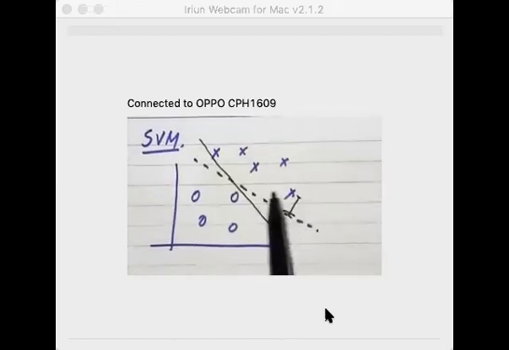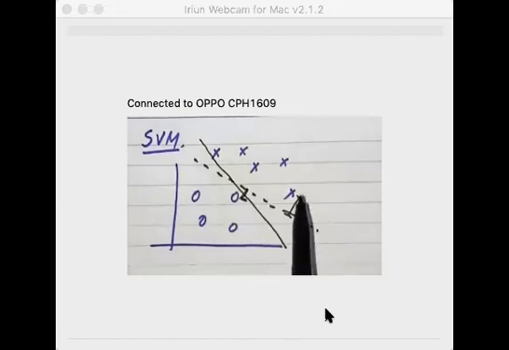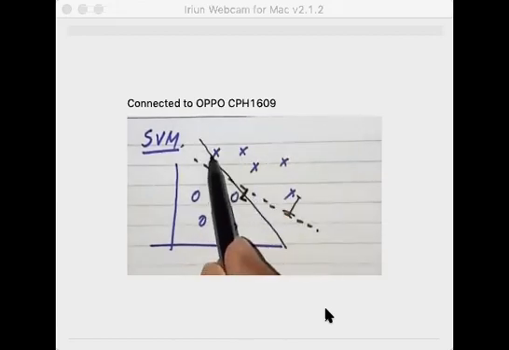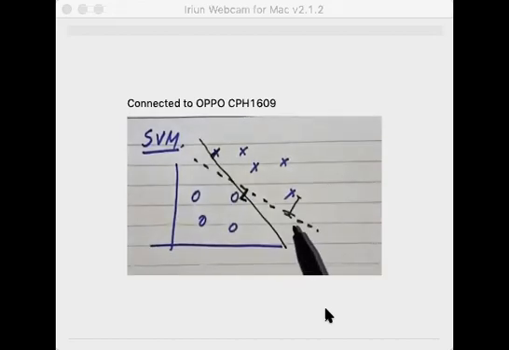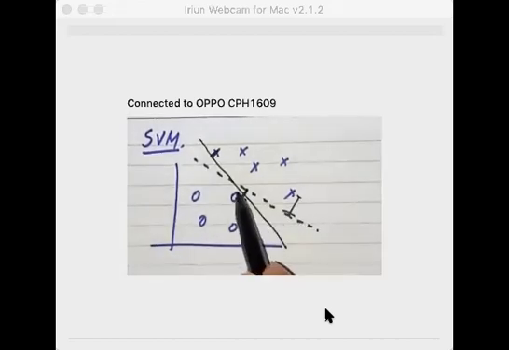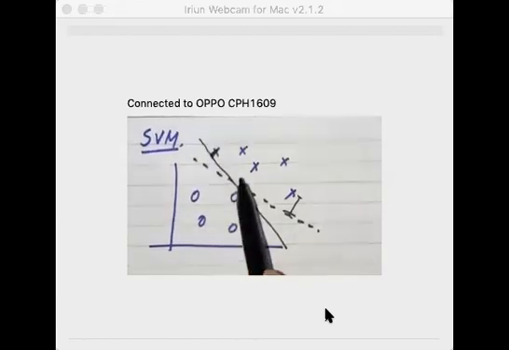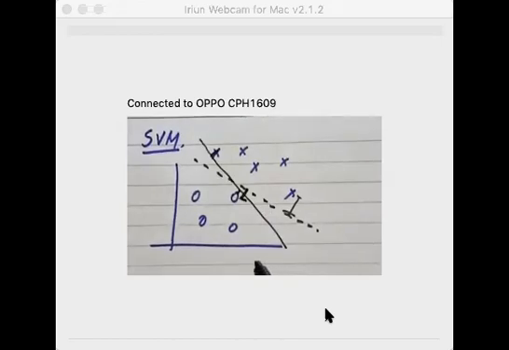And from the other side, the distance of the dot class from this line is this one. But if I look at the solid line, here its distance at the top and here its distance, both these distances from the decision boundary are very close. That means if the data becomes a little bit noisy, this point can move over and come into this class as well. So this is what you call the margins.